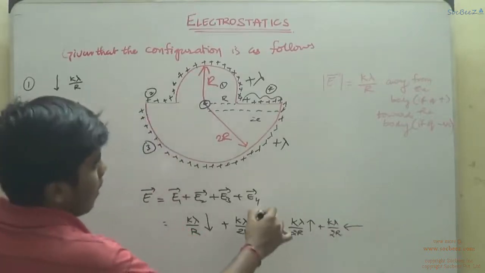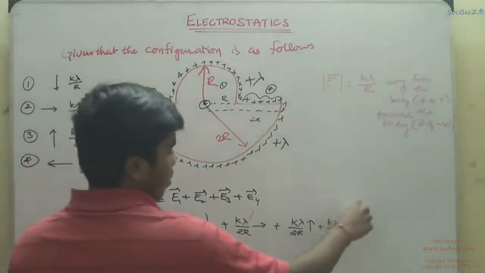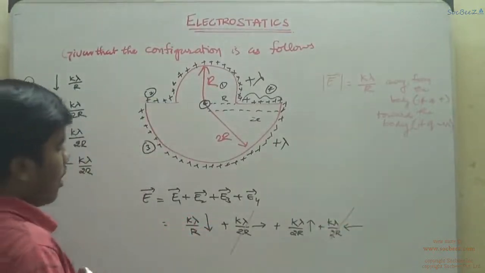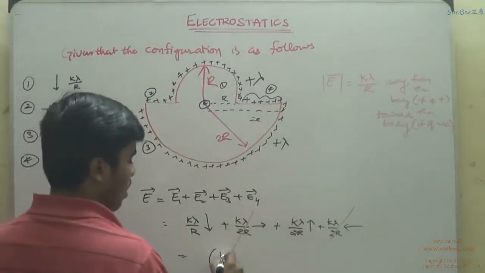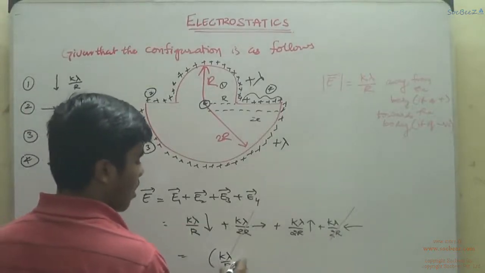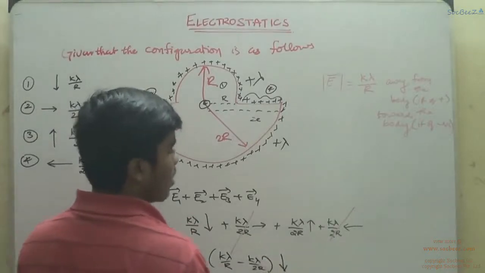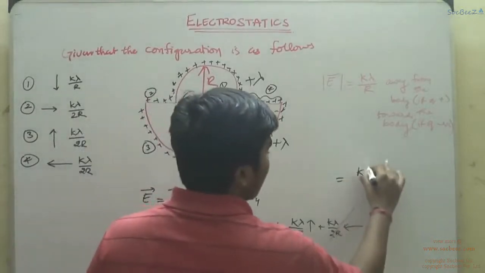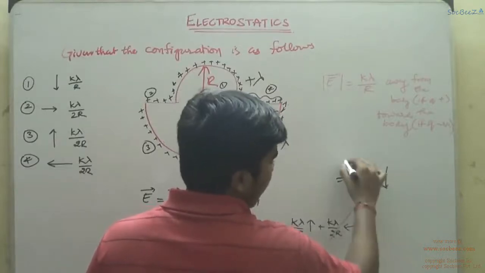Here, k lambda by 2r in right direction and k lambda by 2r in left direction get cancelled, and the net becomes k lambda by r minus k lambda by 2r in downward direction, which is equal to k lambda by 2r in downward direction.